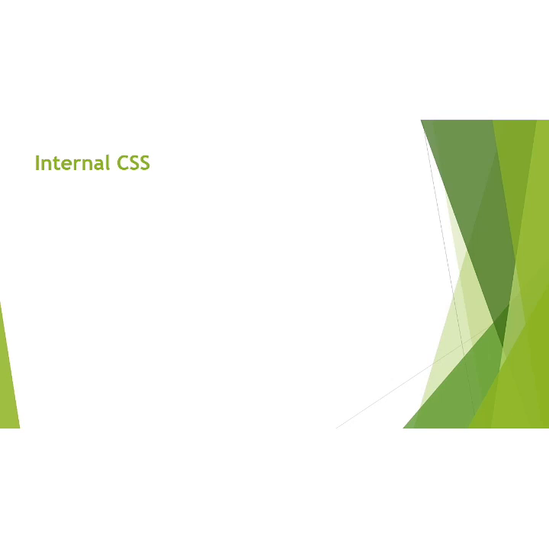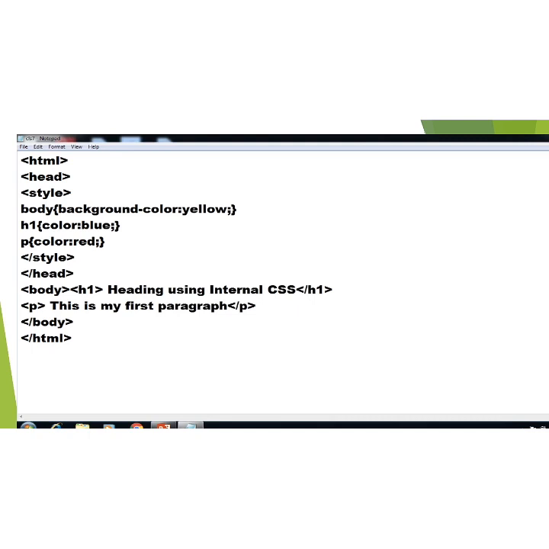Now it's time to understand internal CSS. Internally, how can we apply designing to our web page? Look here everyone to this code. This is what? HTML head. Now we have to write this word, style tag.